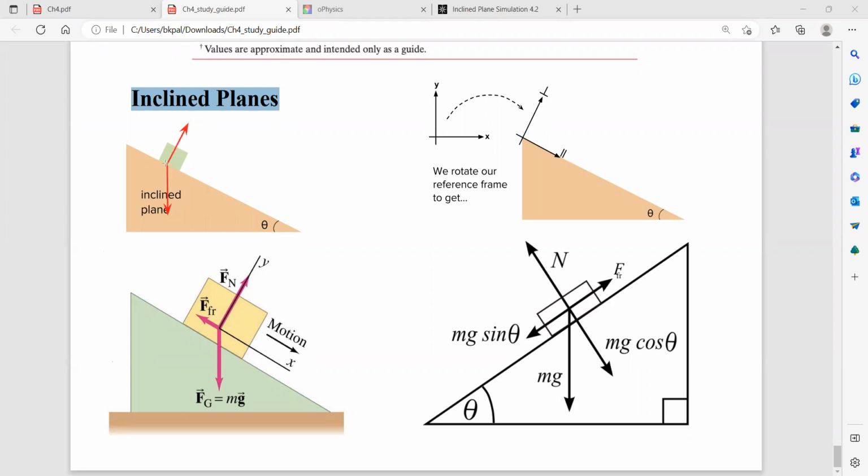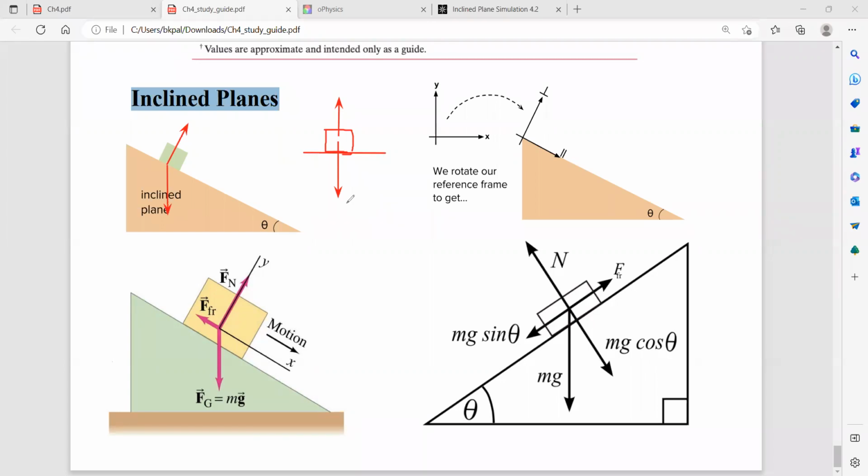So earlier we saw that if we have an object something like this, okay, we have two forces. One is the gravitational force downward, and another is the normal force, which is upward, right? If the object is on some surface, let's say this is the surface, then we have something like this, right?